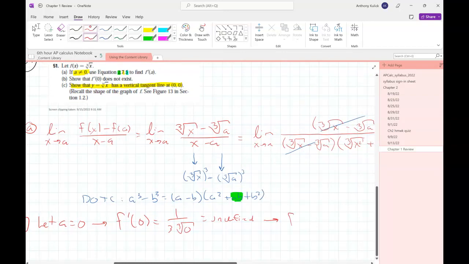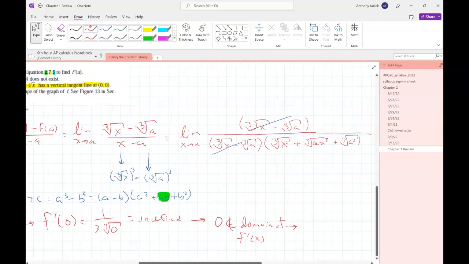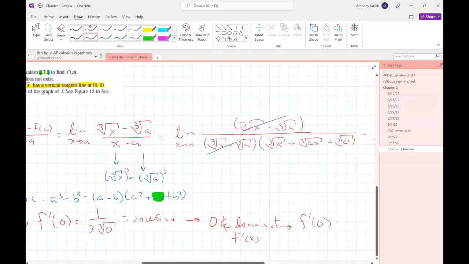So I can say then f prime of 0 does not exist. Or I would say it this way: 0 is not in the domain of f prime. Therefore, f prime of 0 does not exist.